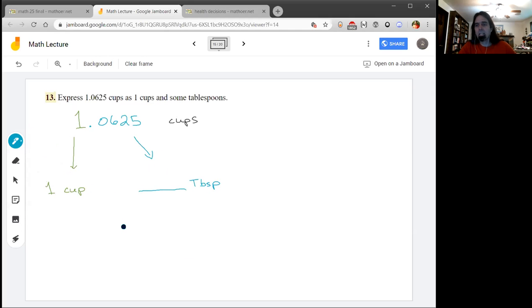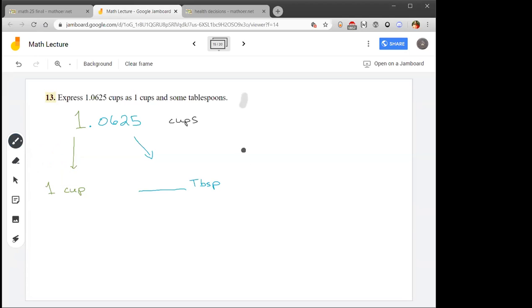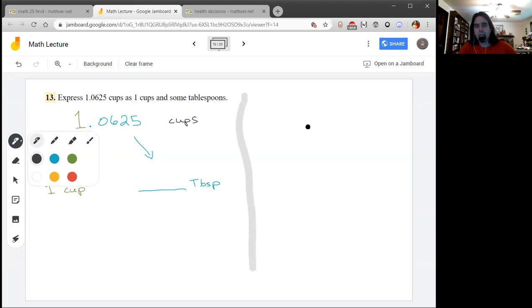Is my setup okay? Yes. So what we're really asking is 0.0625 cups is how many tablespoons? Because the 1 in front is just hanging out.